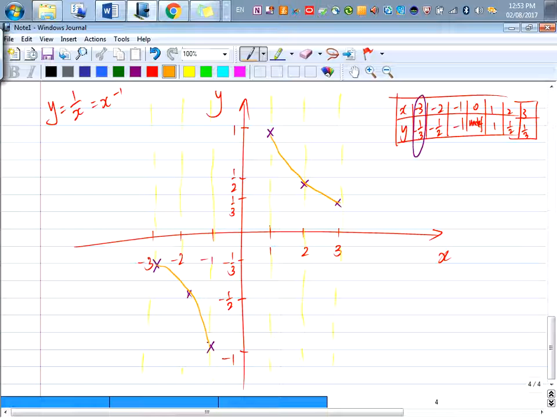Okay, now, how to convince myself that the graph goes on and on forever but it doesn't touch my x-axis? I can find out more values, right? For example, when x equals 4, what is the value of y?